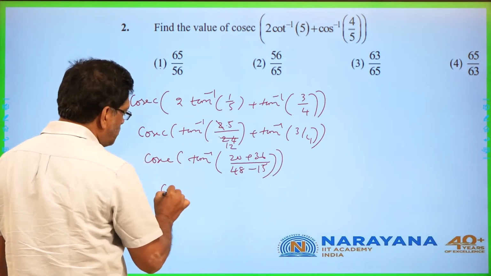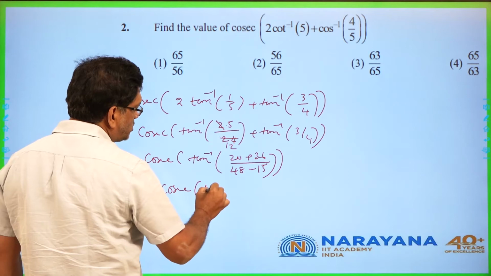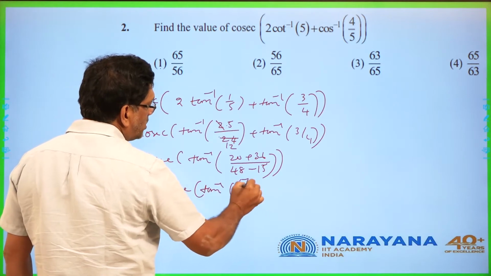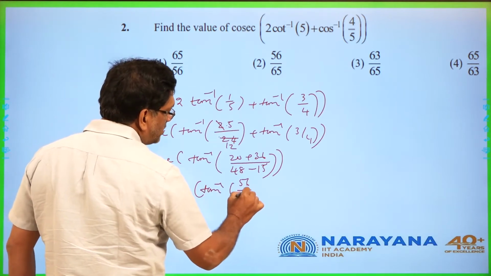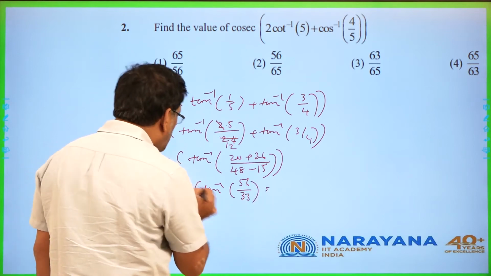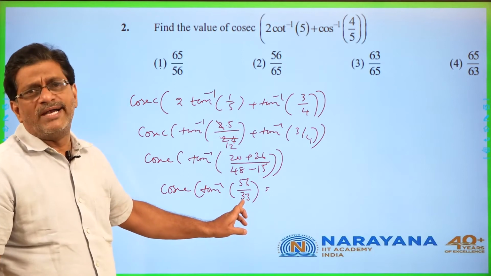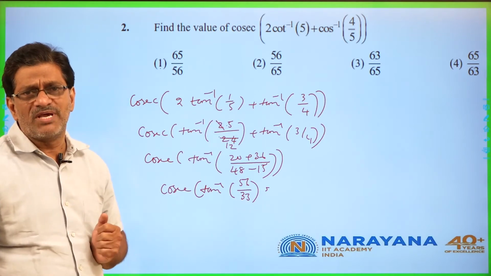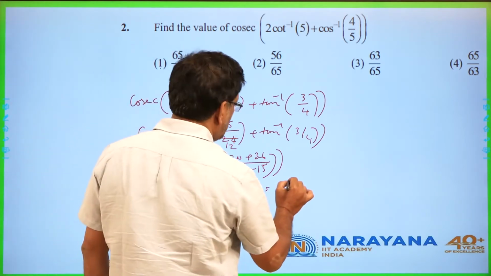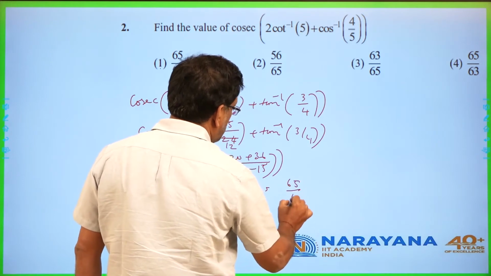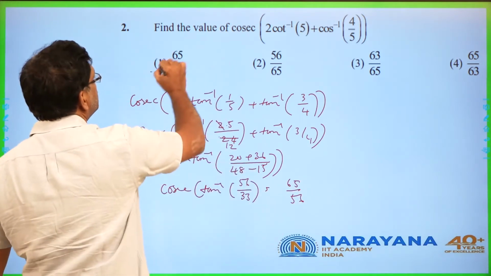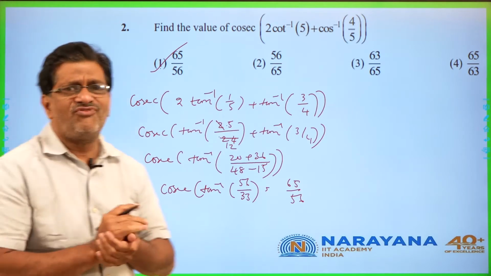This further can be written as cosecant of tan inverse 56 by 33. You can convert in terms of cosecant inverse. This is the opposite side, adjacent side, and your hypotenuse becomes 65. You mean you will get 65 by 56. So your answer is the first one.